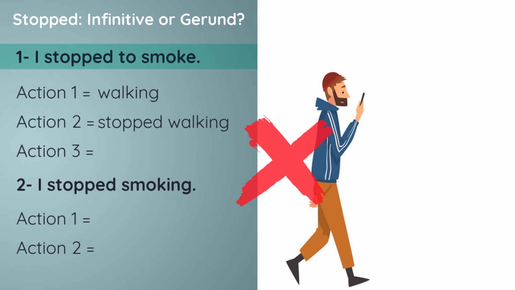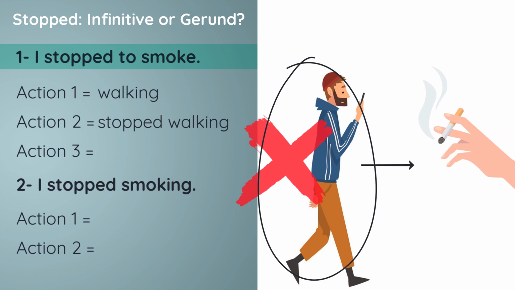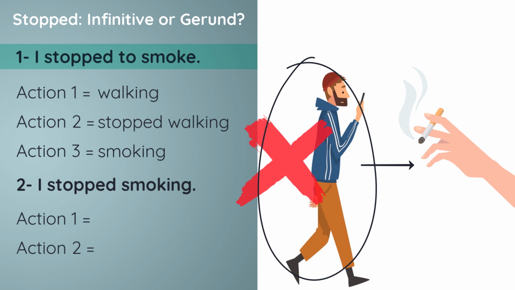And the third action is they do this to smoke. So it's three actions. You're doing something, you stop doing it, and then the reason you stop doing it is for this purpose, for the third one. So I walk, I stop walking, and I smoke. This means I stopped to smoke.